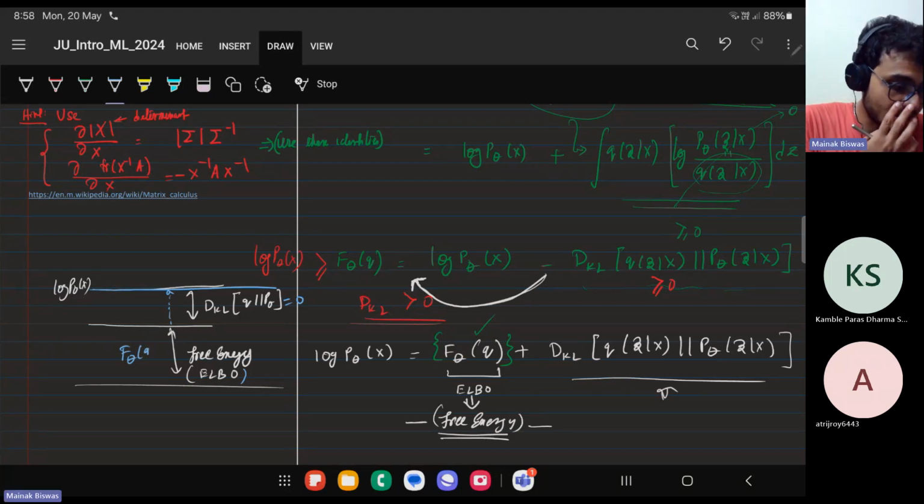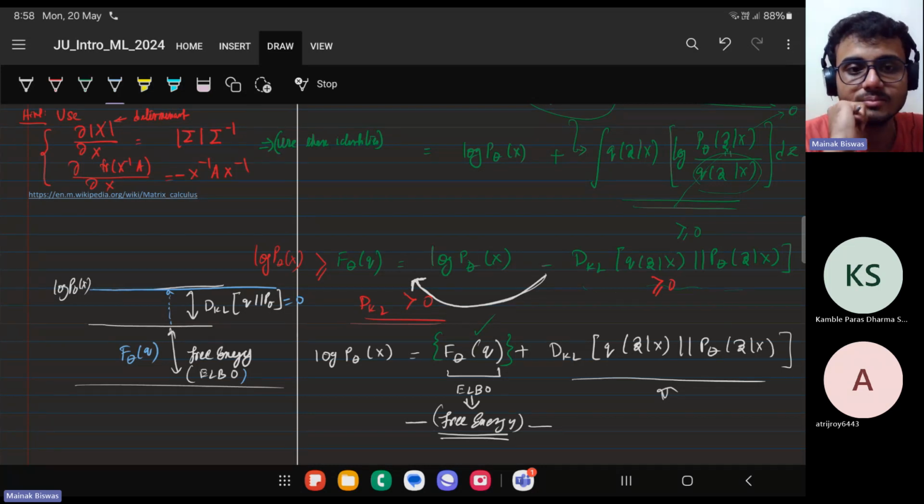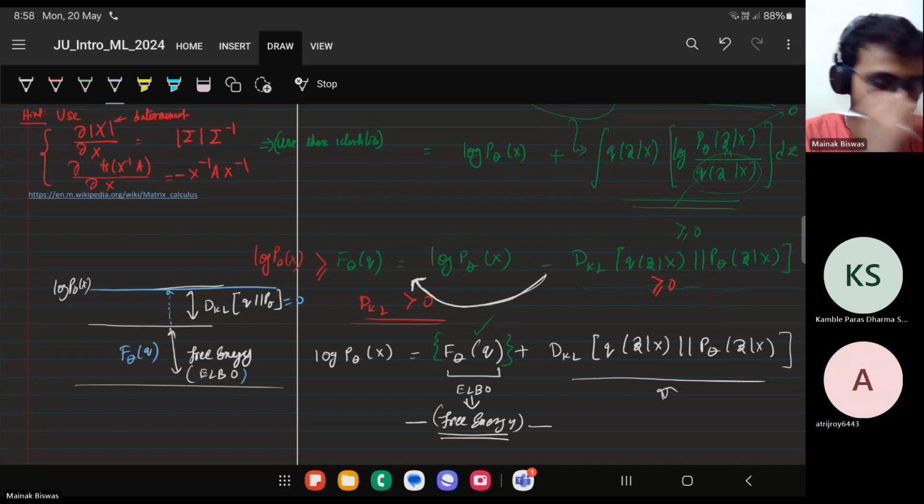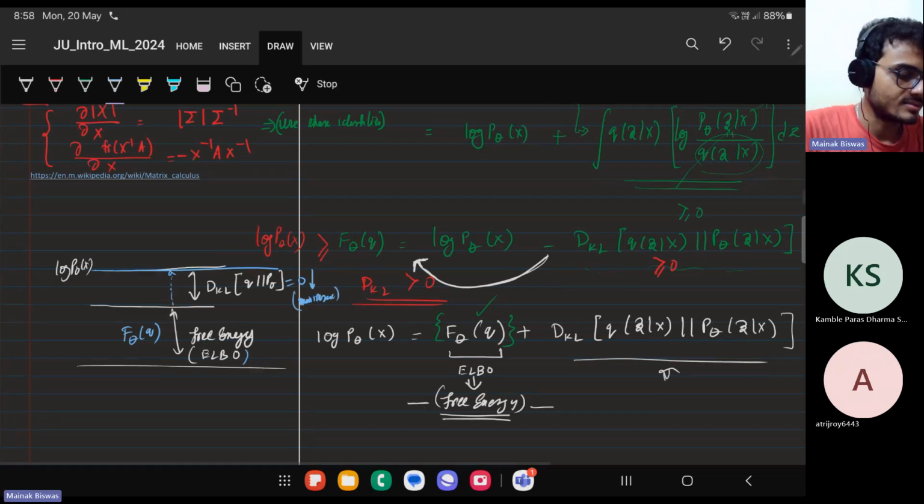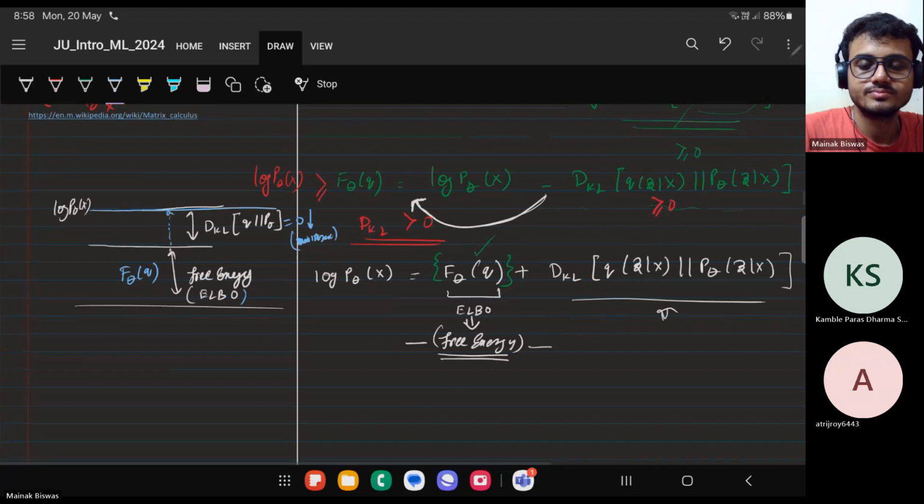How can you maximize it? It can only be maximized if the KL divergence between q and p theta becomes 0, that is, it has to be minimized. So when is that minimized? When is that equal to 0?